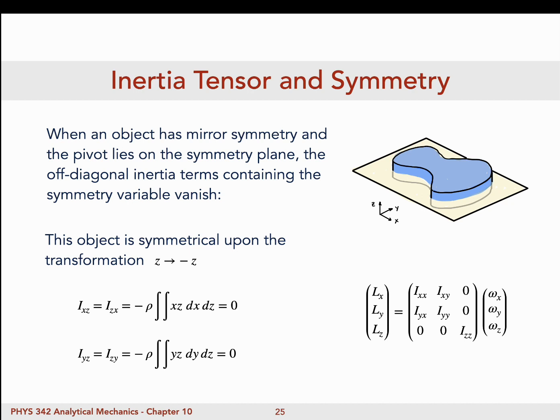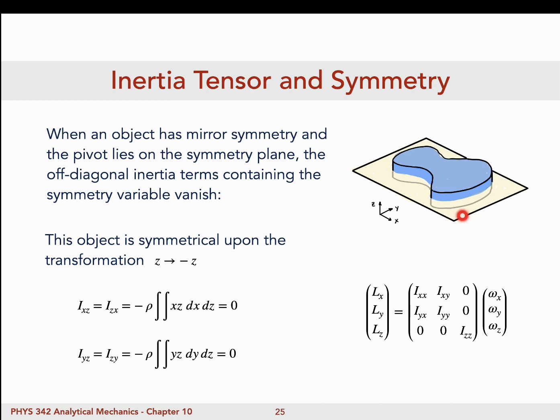We mentioned this before, that when you have a solid object that is rotationally symmetric through the xy plane, then the off-diagonal terms containing the symmetry variable vanish. So let me say that again. Look at the structure of the non-zero entries in the inertia tensor.